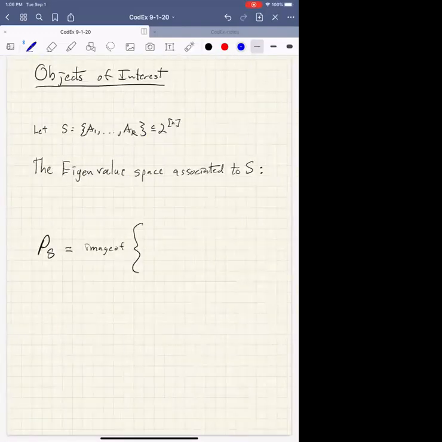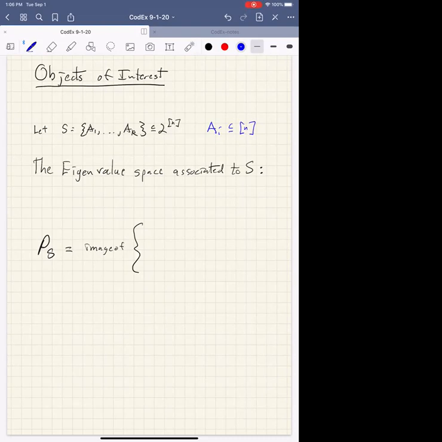The objects we're really interested in this talk are constructed as follows. You pick a set of subsets of this index set. Each of these sets A_i is a selection of columns out of 1 through n.